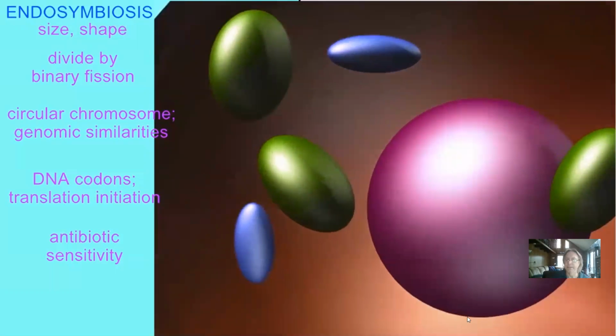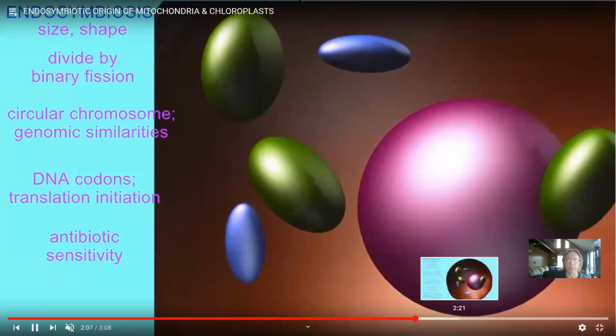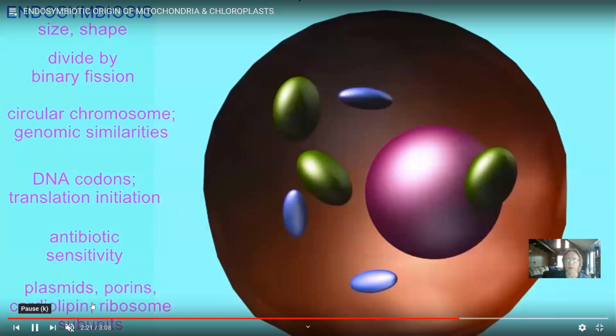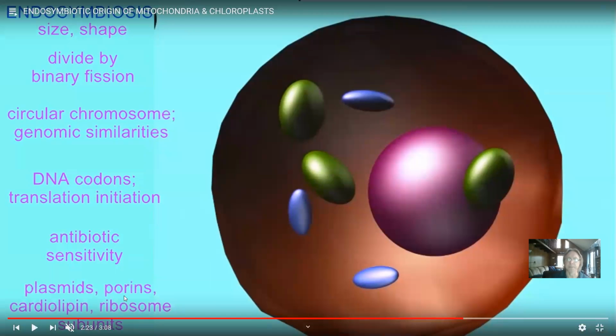mitochondria do. And so then you add in, there's other things which we find in bacteria, but also in mitochondria, like plasmids, the structure of the ribosome subunits, and specific proteins. And so the way the eukaryotic cell was born was not only the origin of the nucleus, but the origin of mitochondria and later chloroplasts, which came from endosymbiosis of bacterial cells living inside larger cells in a scenario where they both benefited.